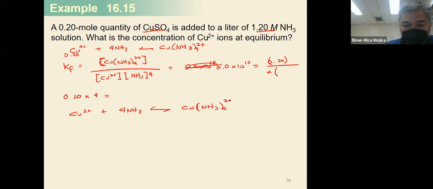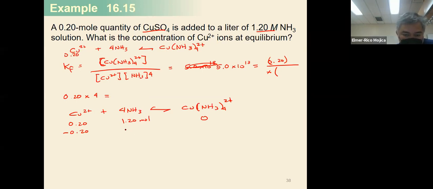So let's look at the reaction. Initially you have 0.20 of this and then 1.20 of this. You don't have that. And then how much are you going to react? You're going to use up all 0.20 and then you're going to react 4 times 0.40.